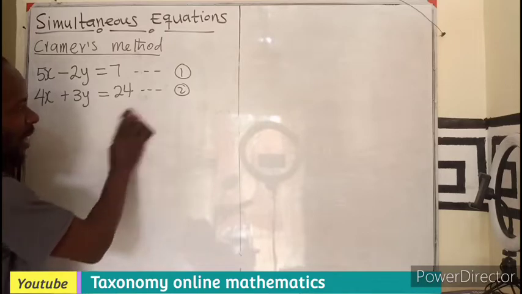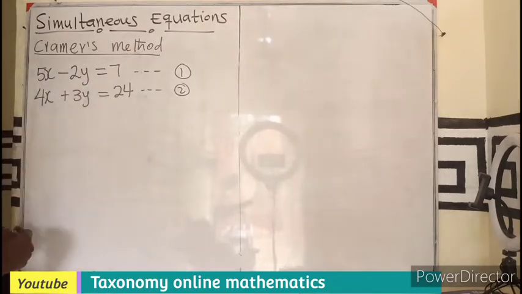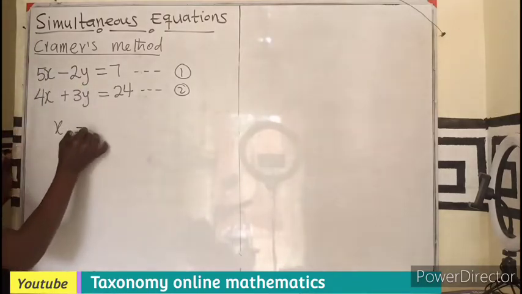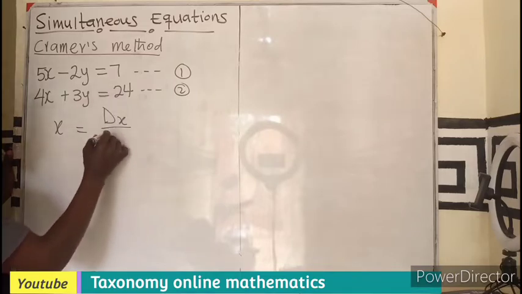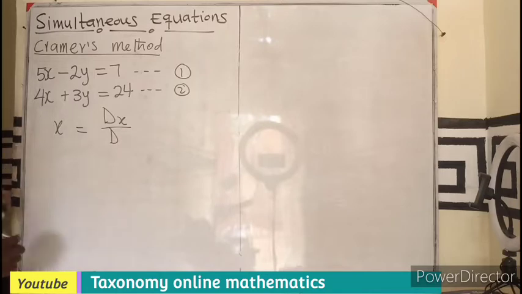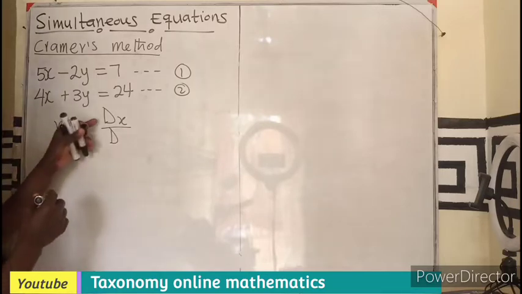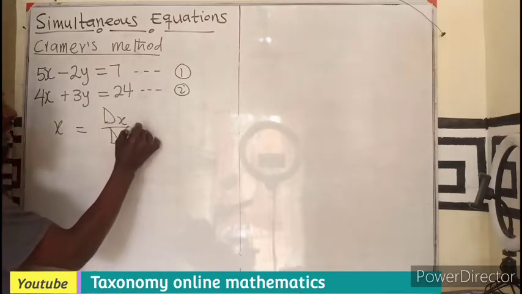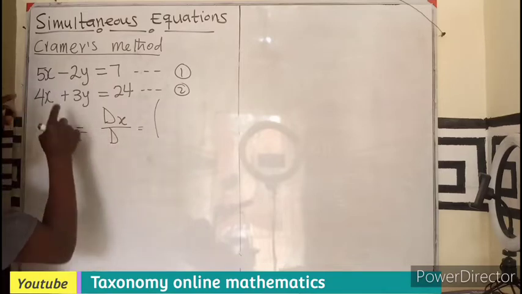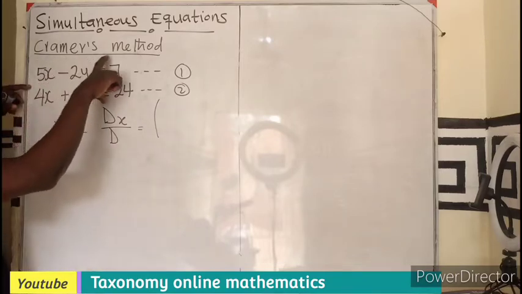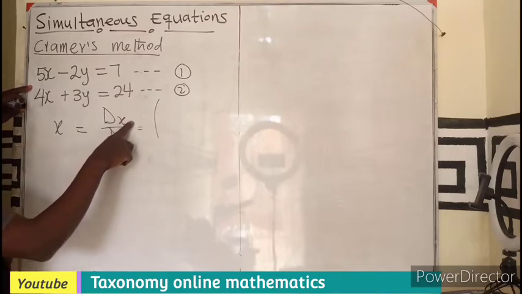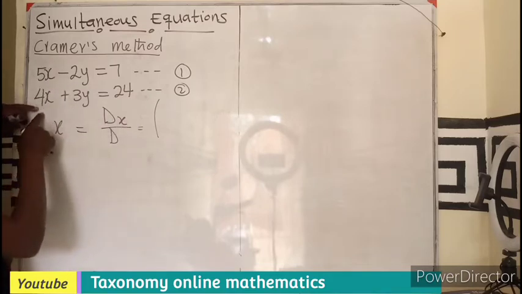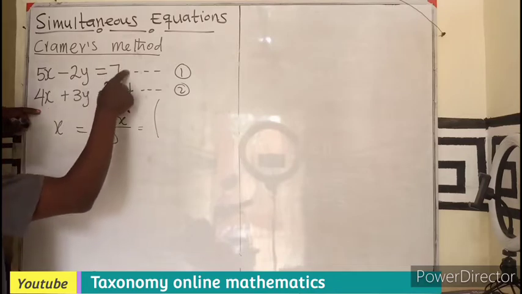Now, if I want to find the value of x, it means I need to find the determinant using the x over the actual determinant. I am looking for x, so I'll ignore all of this for x and start with this.